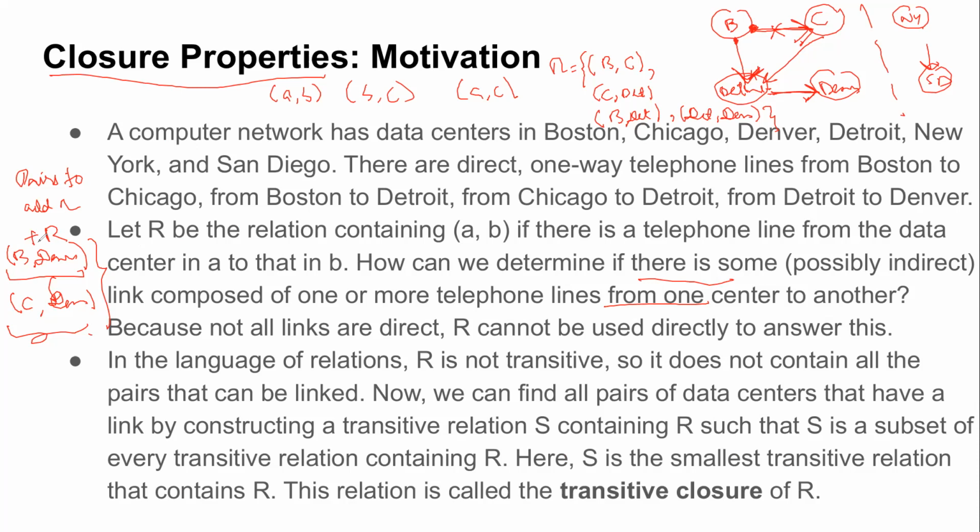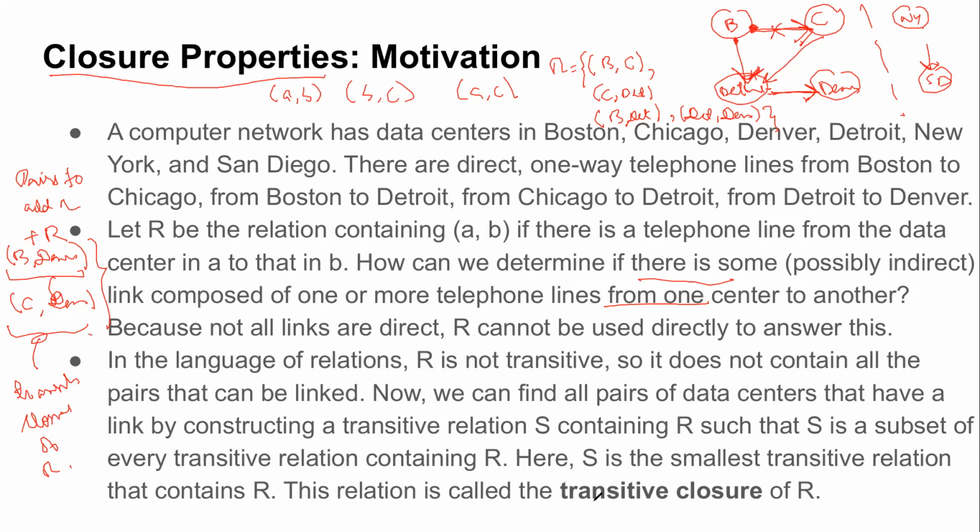What are all the possible connections between data centers if I add these two pairs there? Yes, right. And this is what is known as transitive closure of R.